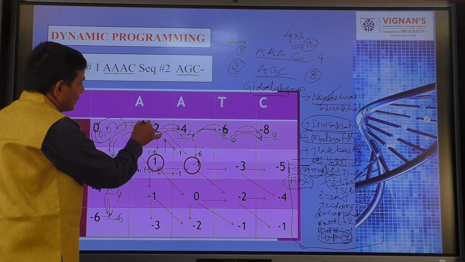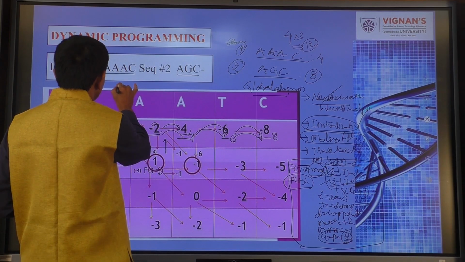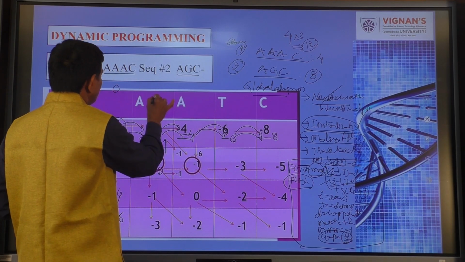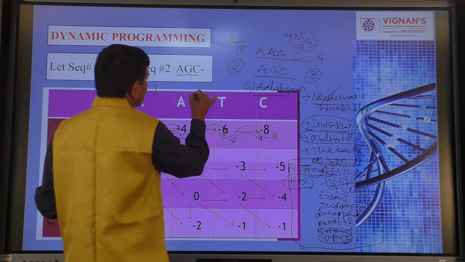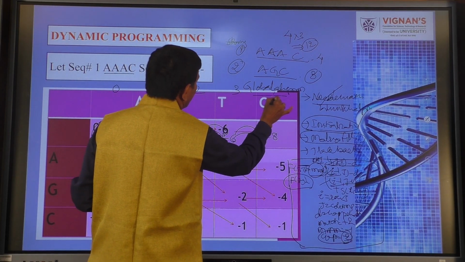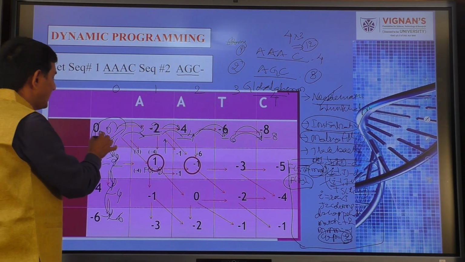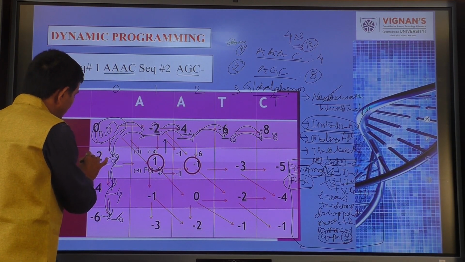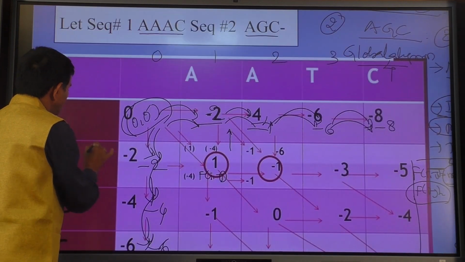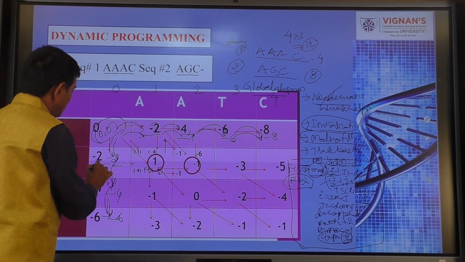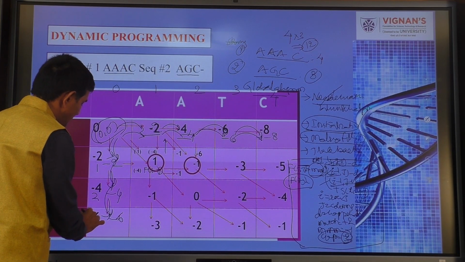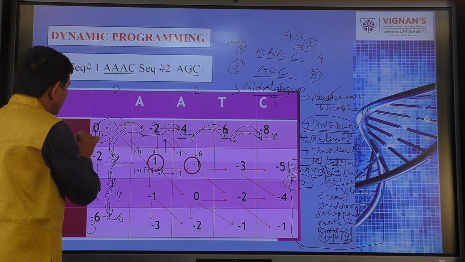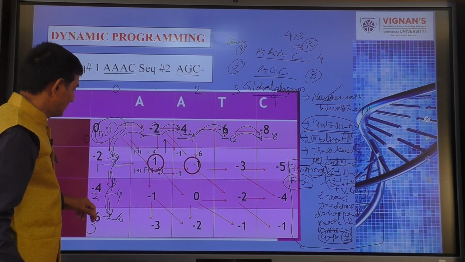Let us number the columns: this is the 0th column, first column, second column, third column, and fourth column. Similarly, let us number the rows: the 0th row, first row, second row, and third row.